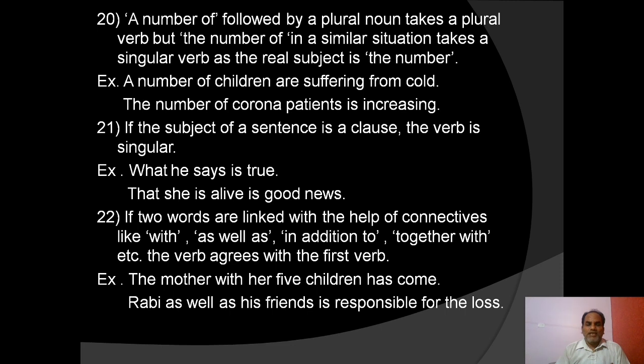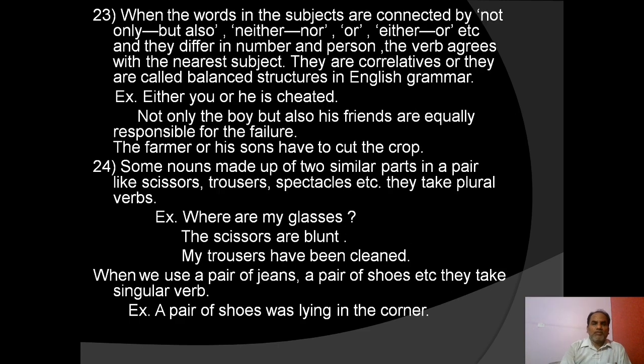Ravi as well as his friends is responsible for the loss. So here Ravi is the first noun in the subject, and the verb agrees with Ravi.